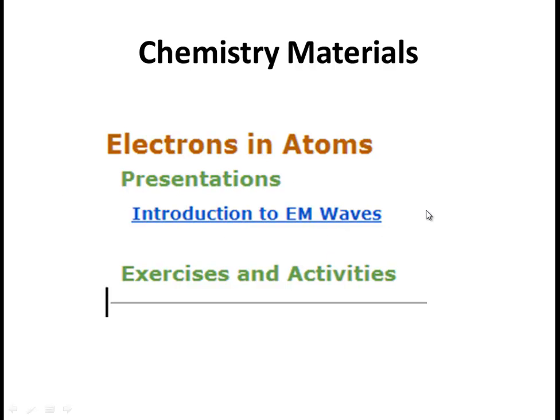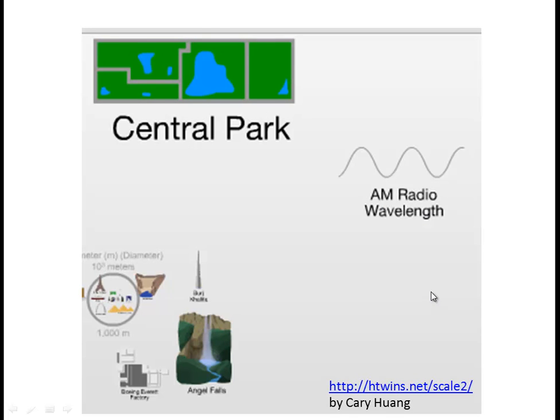Now, just to give you a little bit more of a feel, I'm borrowing a few images from Cary Huang's Scale of the Universe website. This is the URL, and we played with this a little bit at the beginning of the year.